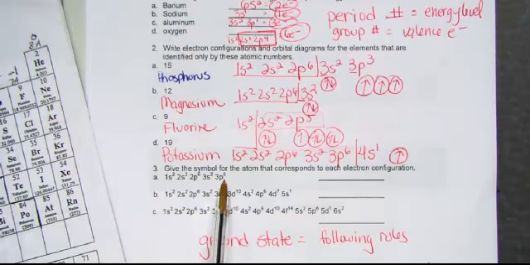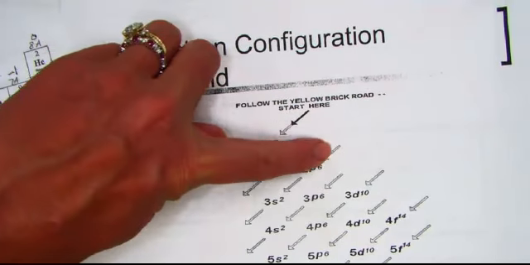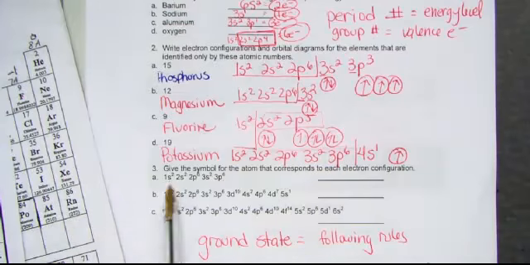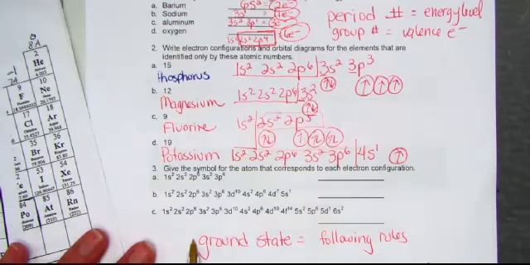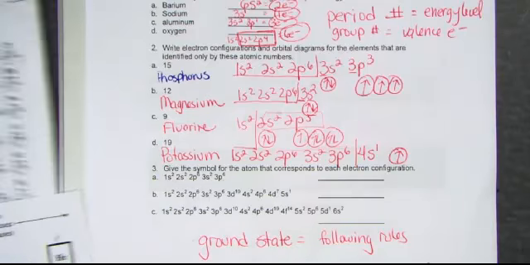This indeed follows the correct arrangement, exactly what we wrote. So it's a ground state, the normal lowest energy arrangement.